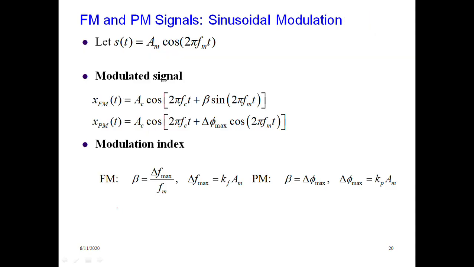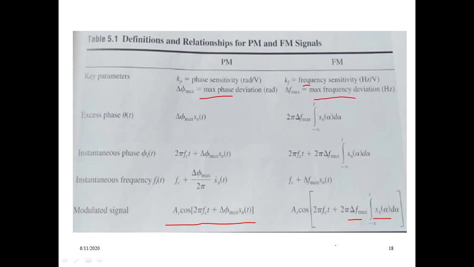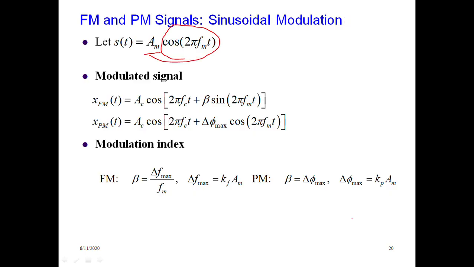Alright, so let's say we have a simple sinusoidal signal, cos 2 pi fm t, as the modulating signal. So the formula for FM is Ac cos(2 pi fc t plus 2 pi delta f max times the integral of the signal).